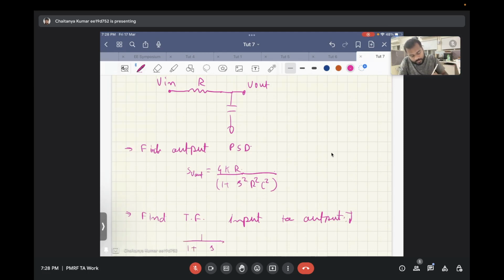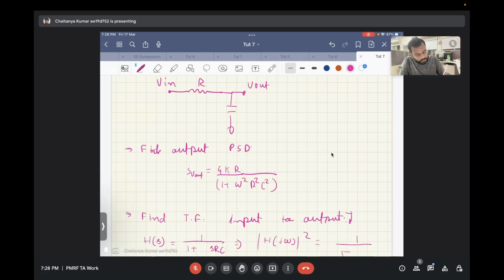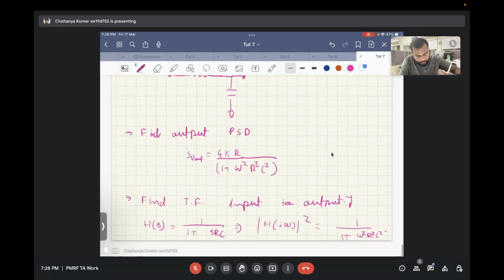It's 1 upon 1 plus s times RC. This is the transfer function from input to output. What will be its H of j omega magnitude whole square? That will be equal to 1 plus omega square R square C square. Correct? Yes, sir.